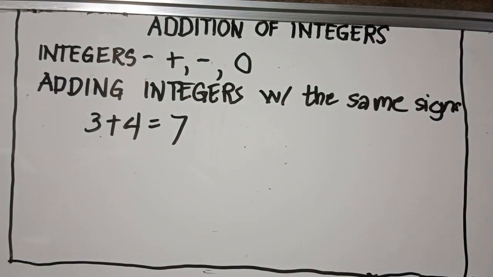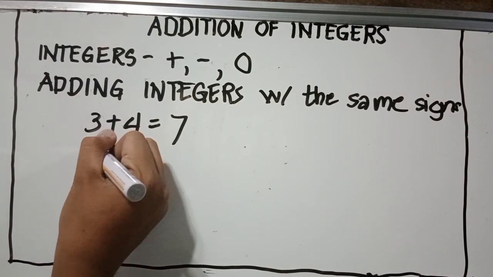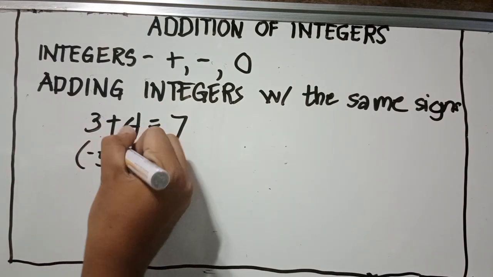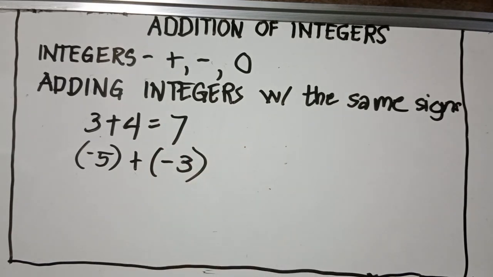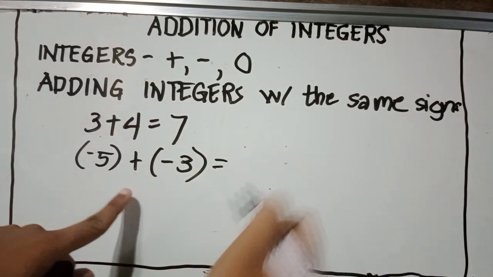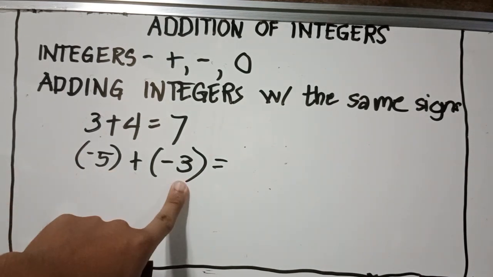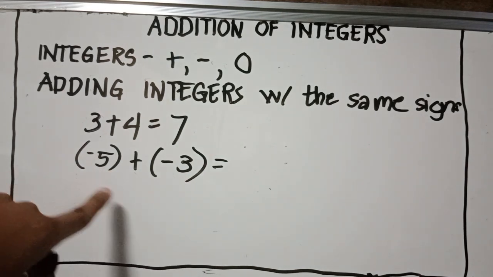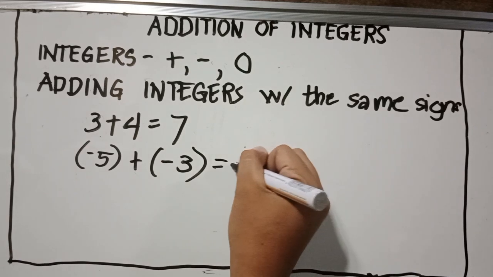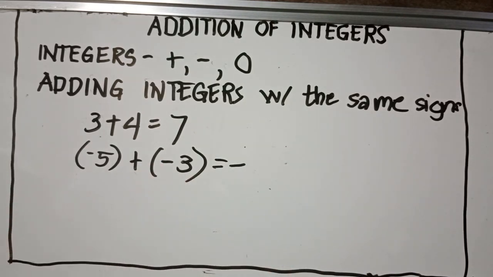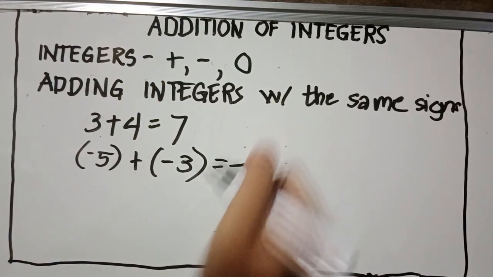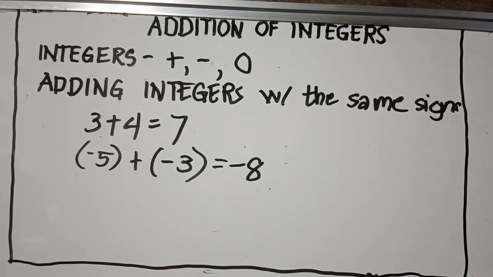It's the same with, let's say, negative 5 plus negative 3. If this were positive, that's 5 plus 3, that's 8. But since it's negative, you just affix the negative sign to the result when you add 5 and 3. So that's negative 8. That's how you add integers with the same sign.